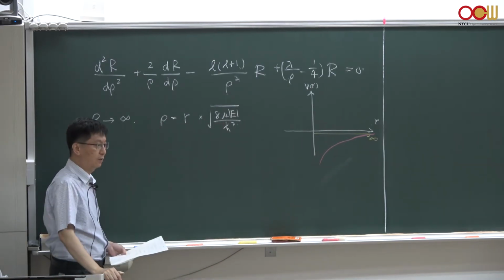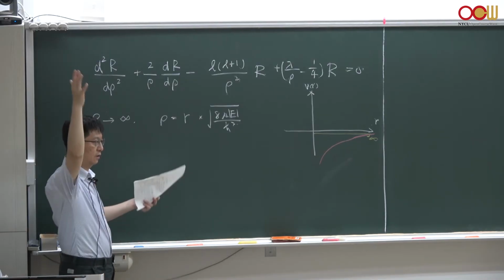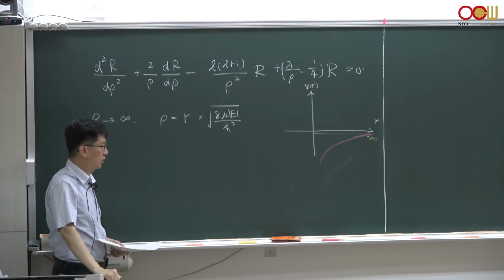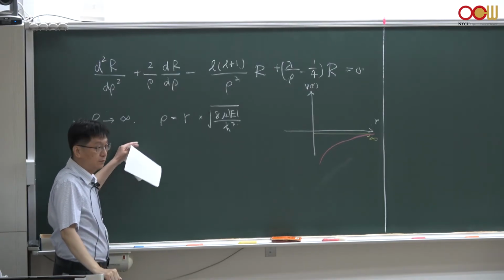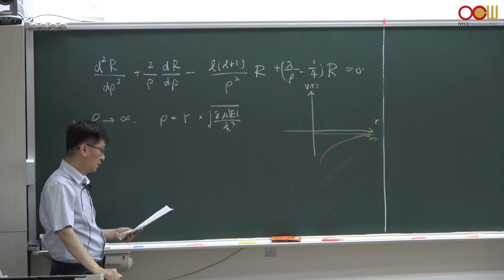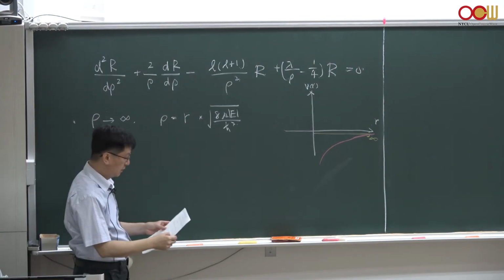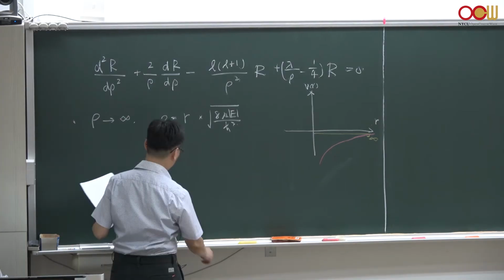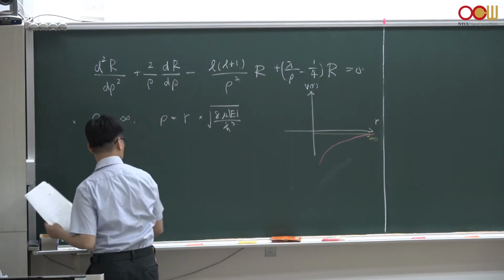In the harmonic oscillator problem, we know what happens when r goes to infinity, and we can simplify the Schrödinger equation for the harmonic oscillator. Here is the same thing, so we could make some approximations in this limit when rho goes to infinity. We could simply remove many terms.